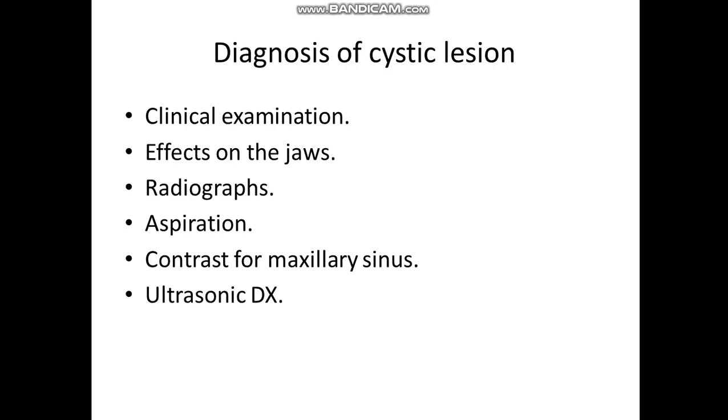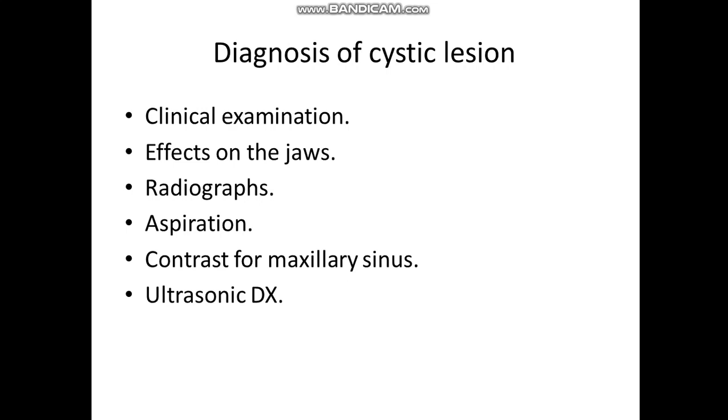But in general, the diagnosis of the cystic lesion could be by clinical examination. As I mentioned before, there is the clinical examination, the history of the cystic lesion, effects on the jaws, and also radiographs, for small and for large cystic lesions, aspiration, and sometimes biopsy, by taking a piece of tissue and sending it for histopathological examination.